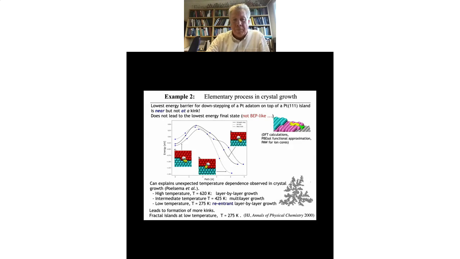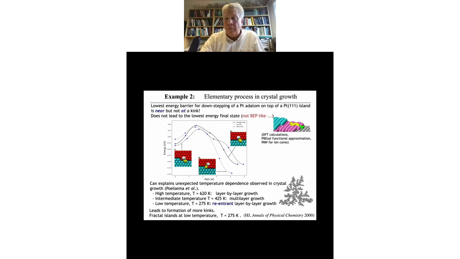I mean, this kind of downstepping event near but not at a kink site can actually explain experimental observations of the so-called re-entrant layer-by-layer growth. Anyway, I'm not going to get into that much here, but it's just a wake-up call. One should not assume the mechanism of these transitions.